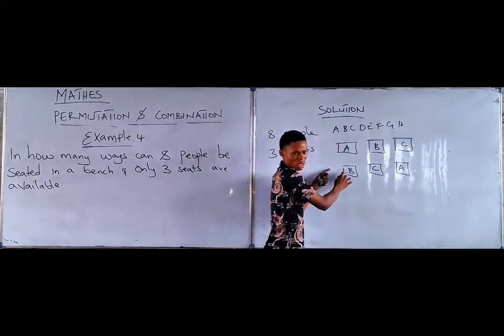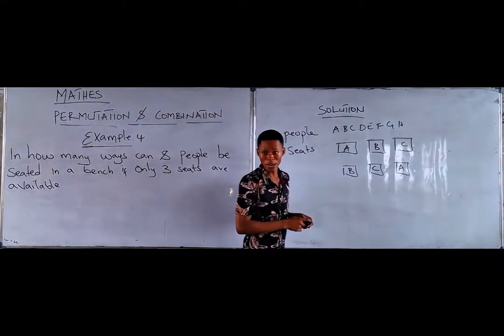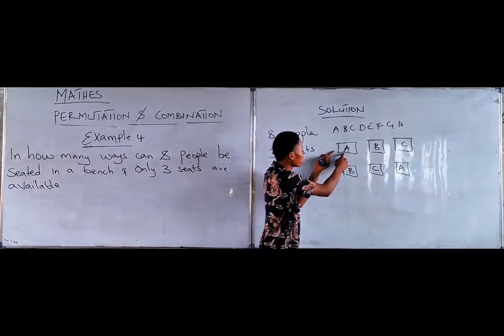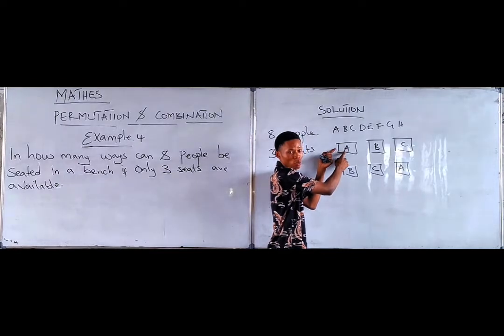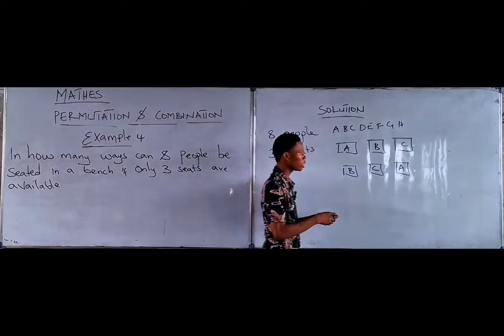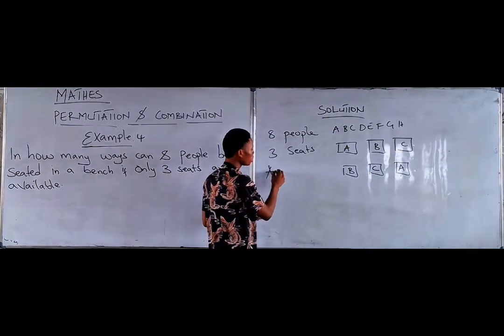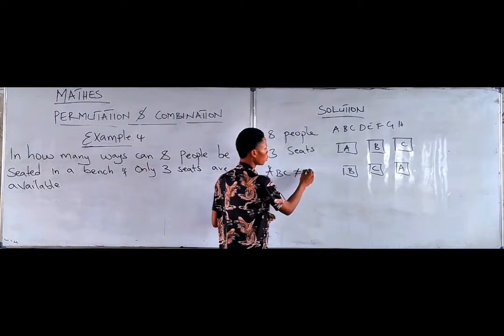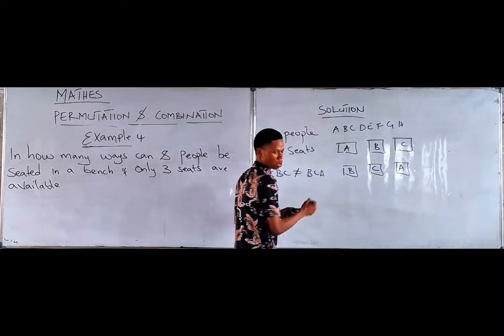Is this arrangement the same as this? It's not the same, right? It's not the same because in this one, A was sitting on the first seat, but here A is sitting on the last seat. So in this case, ABC is not equal to BCA.